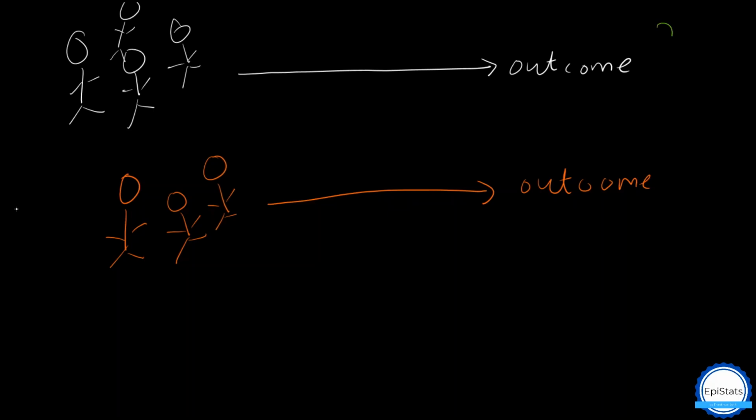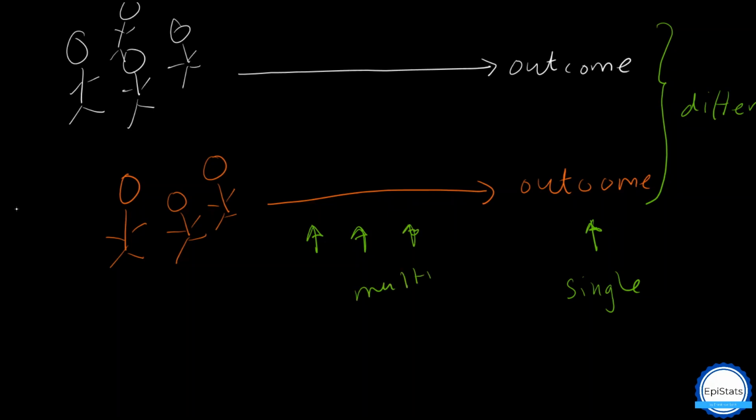Our interest then lies in whether or not the occurrence differs between the two groups within the cohort or between the two cohorts. The outcome can be assessed a single time at the end of follow-up time, but more often it is assessed multiple times during the follow-up period.